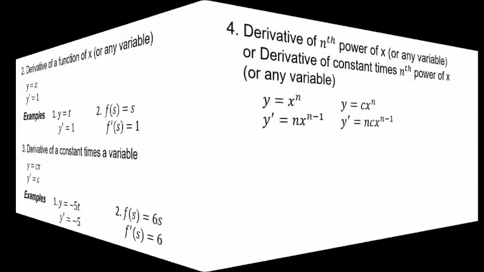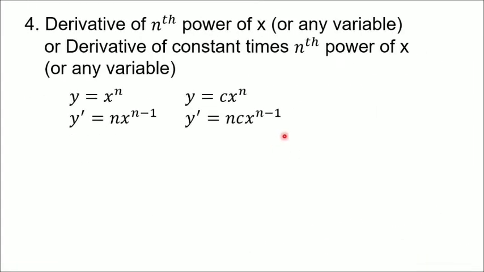Ang dali. Rule number 4, derivative of n power of x or any variable, kahit ano pwede, hindi lang x. Or the derivative of constant times the n power of x or any variable also. Like this, y equals x raised to the power of n. The derivative of this, the y prime equals n times x raised to the power of n minus 1.